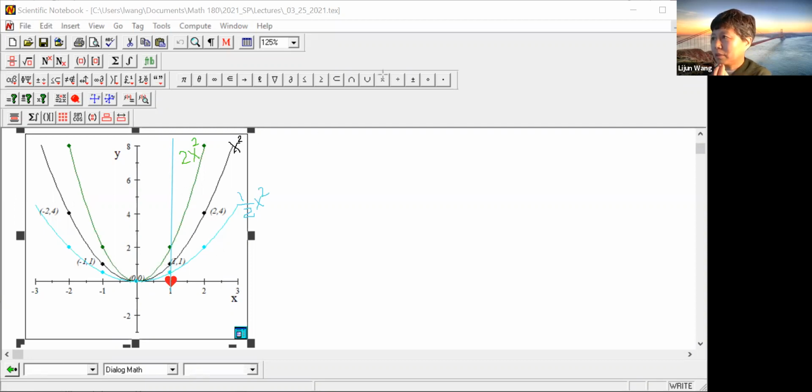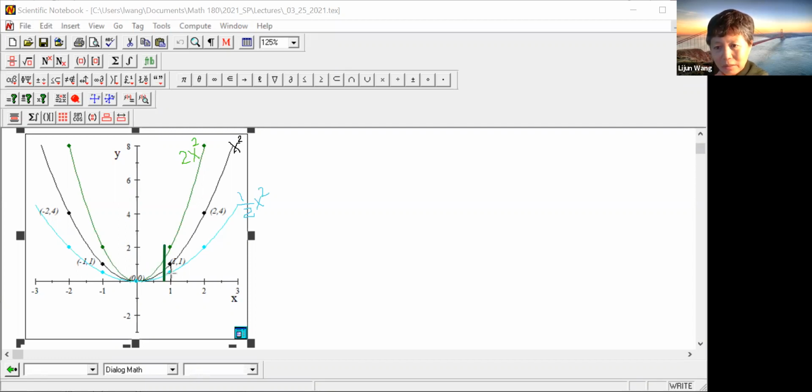Okay, let me do it this way. So this is the x squared. Okay, I want to see if you guys have some visual. This is x squared, the black. This is how high the green is. The green is doubling the black.